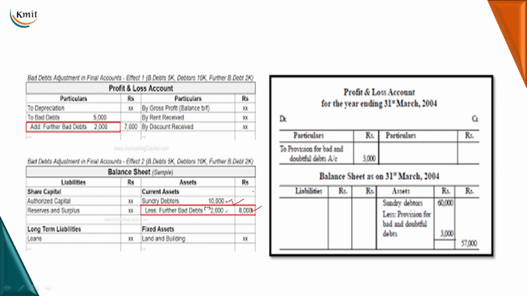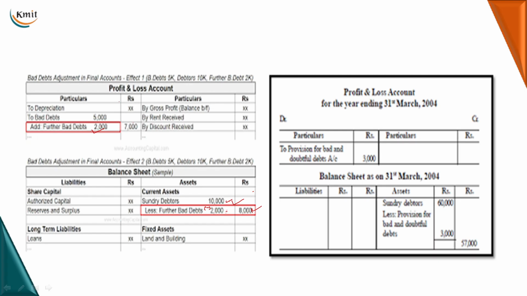Now the same bad debt amount, that is 2,000, will again be entered on the debit side of the P&L account.